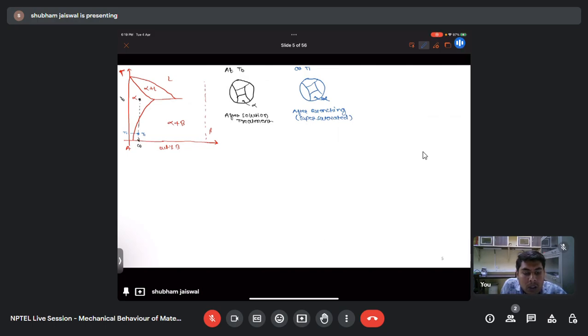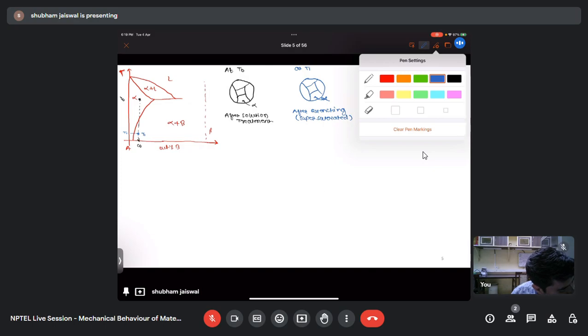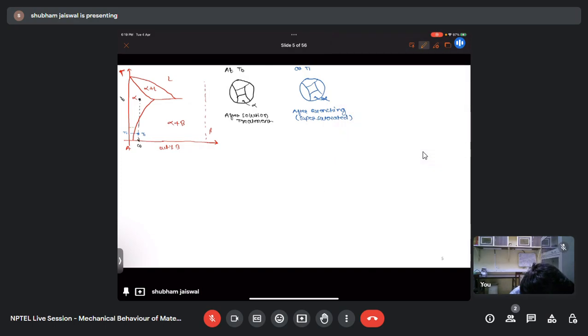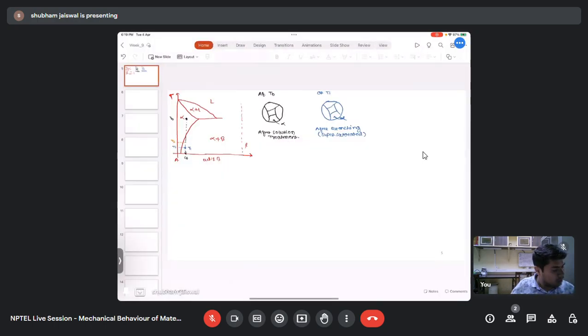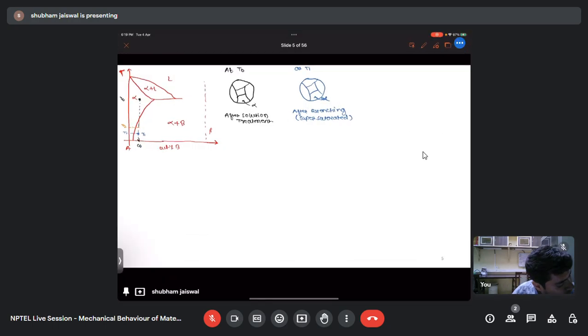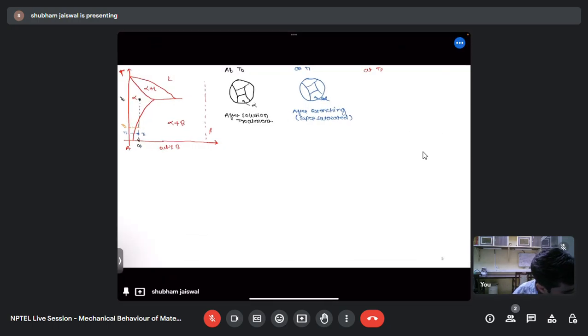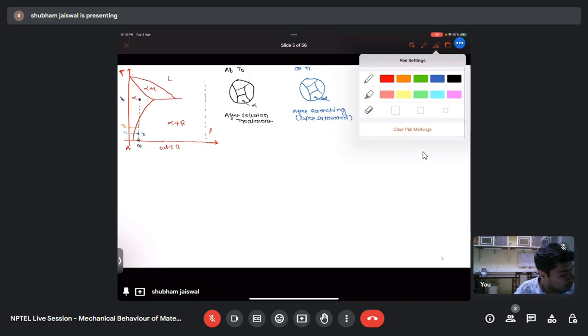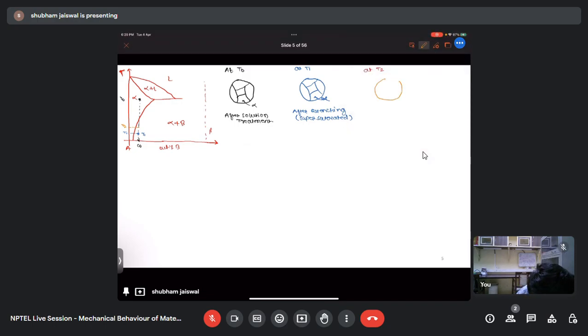Then after heating, it will cross the energy barrier and try to form the precipitates. So we will see the precipitates inside the grain and on the grain boundaries as well. At T2, let's say this is my temperature T2, we will be seeing some precipitates inside it.